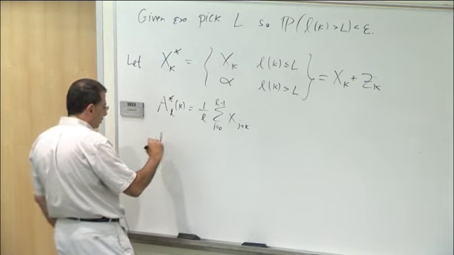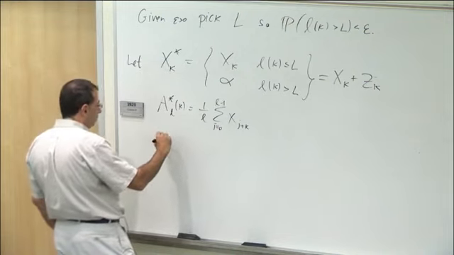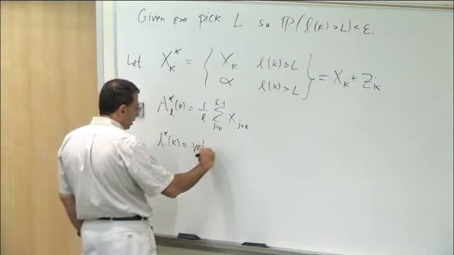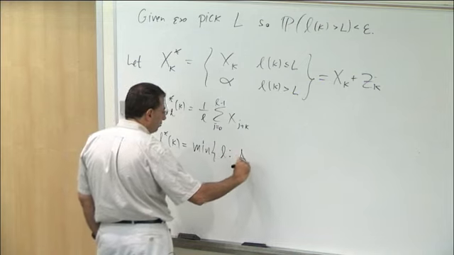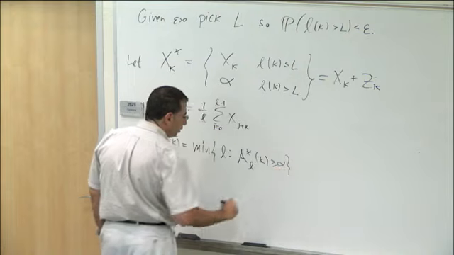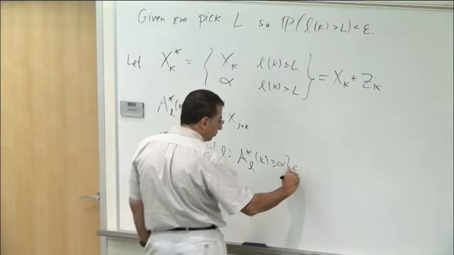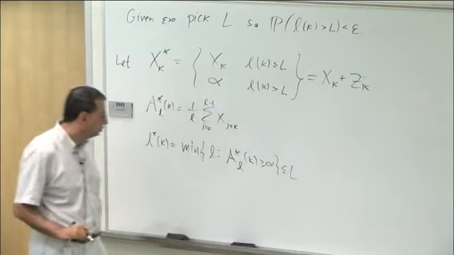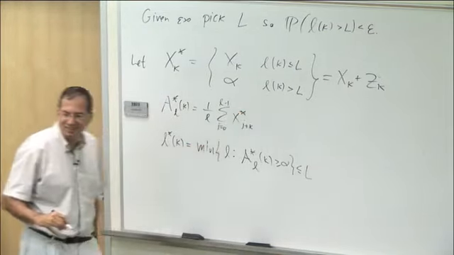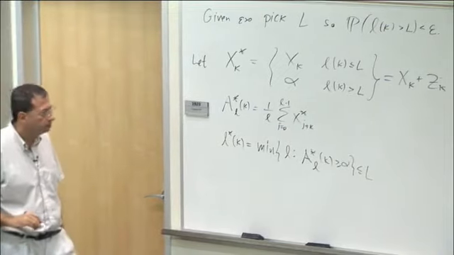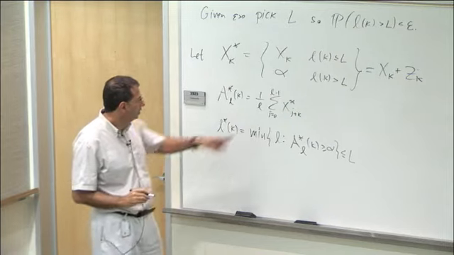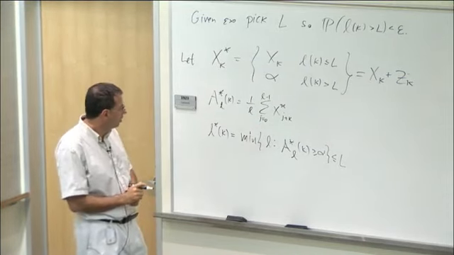And L star of k is the first l so that these averages exceed alpha. And now we're in a good position. These are always at most L. Did you mean x star? x star, thank you. Yes, that's the whole point. These are averages of the x stars.